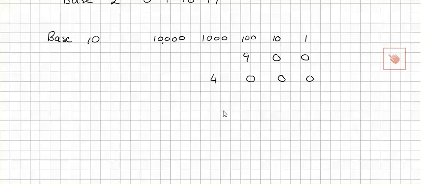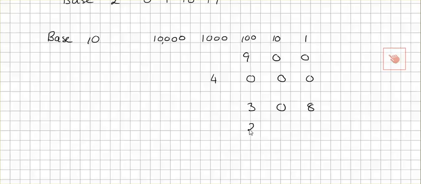Good. And if I have a number, what would I say I have for this one? I have 3 hundreds and no tens and 8 ones. So that's why we would say 308.